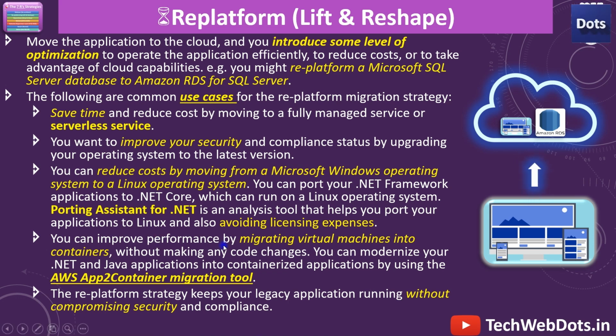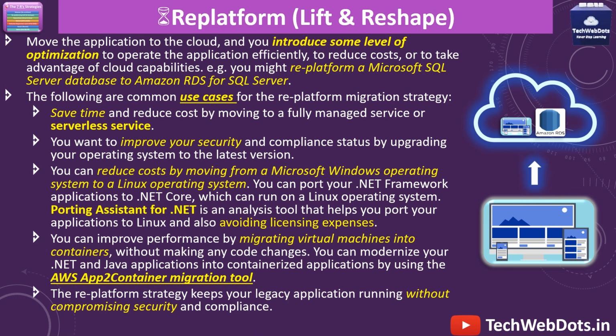You can improve performance by migrating virtual machines into containers, right? This can also happen under lift and shift without making any code changes. You can modernize your .NET and Java applications into containerized applications, right? This is easy, and you can easily lift and reshape your application in this strategy.